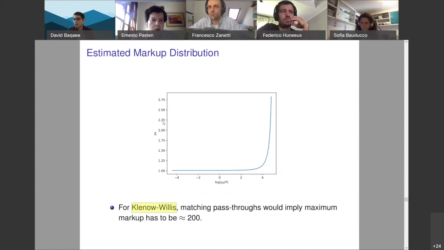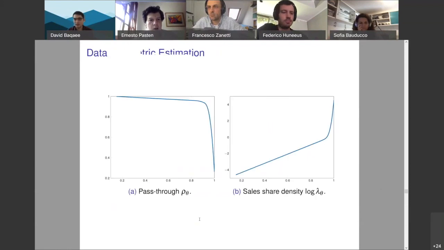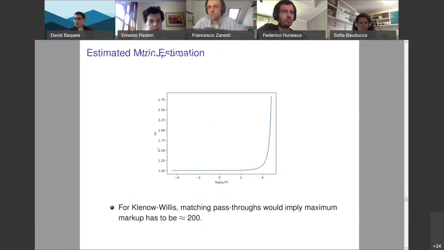So if you think of the De Loecker kind of estimates for really big firms, they are in the range of about 200% markups. What Kleno-Willis would do is 20,000% markups if you wanted to match this picture. So this isn't too crazy, I think, is another way to say it.